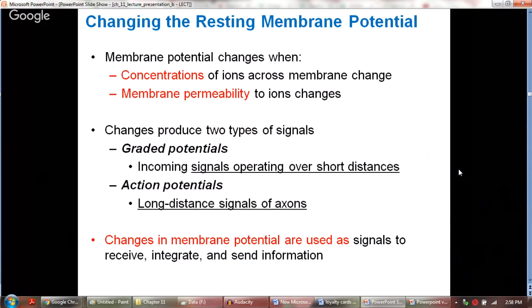The changes produce two types of signals, the graded potential as well as the action potential. The graded potential, the incoming signals, operates over a short distance, and action potentials act over long distances. The changes in the membrane potential are used as signals to receive, integrate and send information.